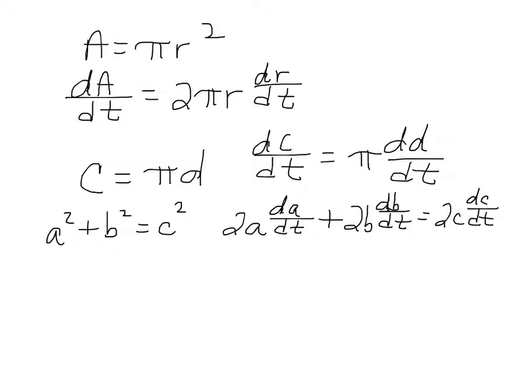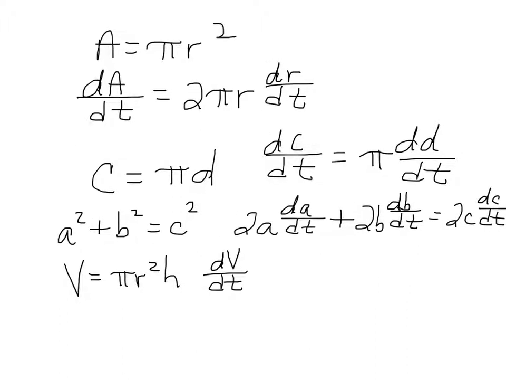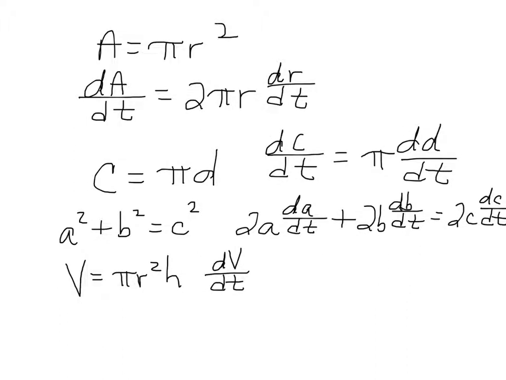Another option would be, what if it's got more variables, where we have V equals pi r squared h, the volume of a circular cylinder, radius r, and height of h. If I want to take the derivative of this, then the left side's about the same as what we've been looking at. The derivative is dV dt. And the right side involves a product. So we want to think of this as the first. This is the second.